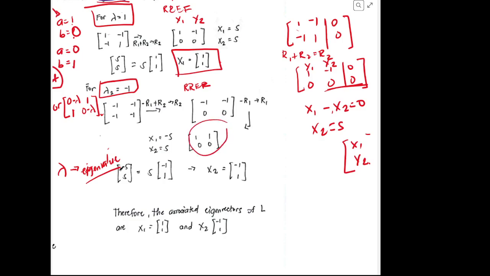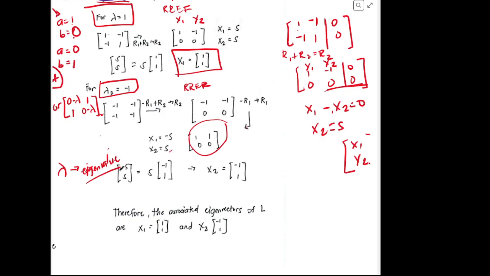This is the RREF form. Our last column, x sub 2, is equal to s because our row is all 0, it means that we can have any value for our x sub 2 because we have infinite many solutions. So we let it equal to s.